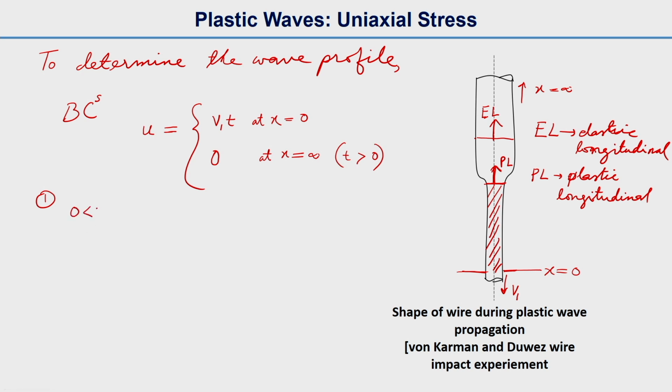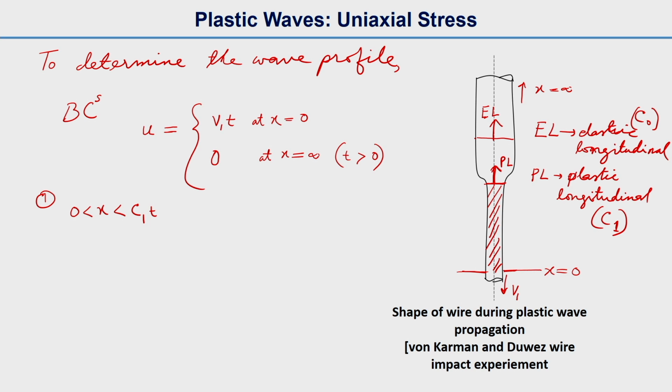The wave velocities are: for the plastic longitudinal wave it is C1, C subscript 1, and for the elastic longitudinal wave it is C naught.